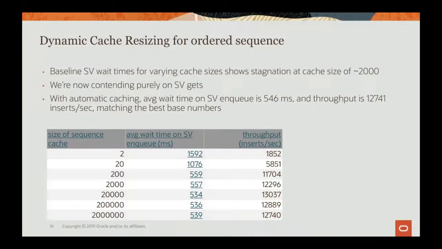We're primarily contending on the ordering NQ or the SV. And there's no way around it because we know that for an ordered sequence, we need to get it for every next val. So the dynamic cache resizing feature performed about the same as the best that you can get with a manually configured size. But it just shows that this isn't sufficient and we need to tackle the SVNQ contention.